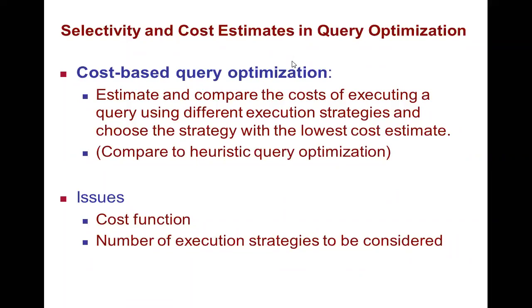So in this topic we are going to discuss the selectivity and cost estimates in query optimization. One more point: in the previous class we discussed heuristics query optimization. The heuristics, we said, is something like learning on its own, just by applying certain rules.